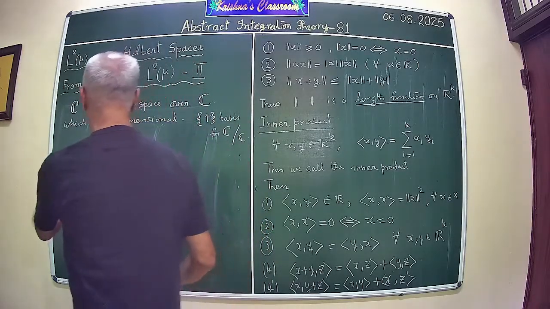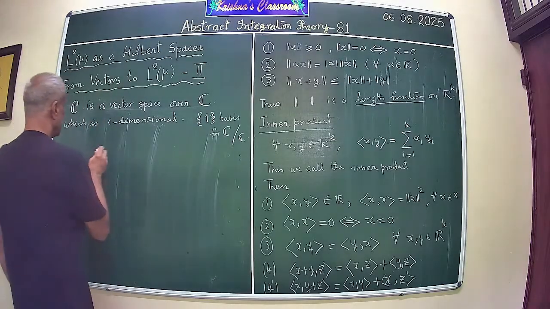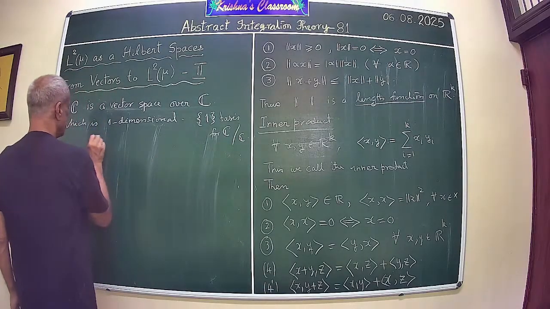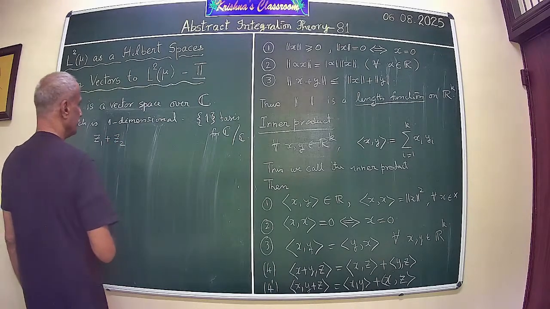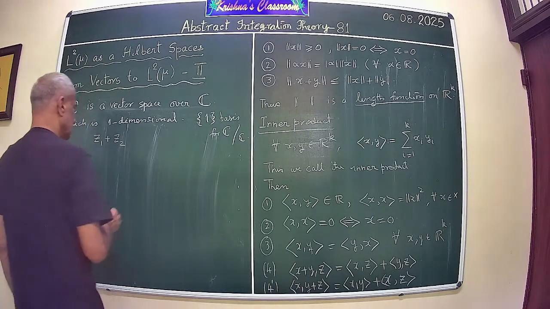And of course, what are the addition and multiplication? You have Z1 plus Z2, which is well defined.